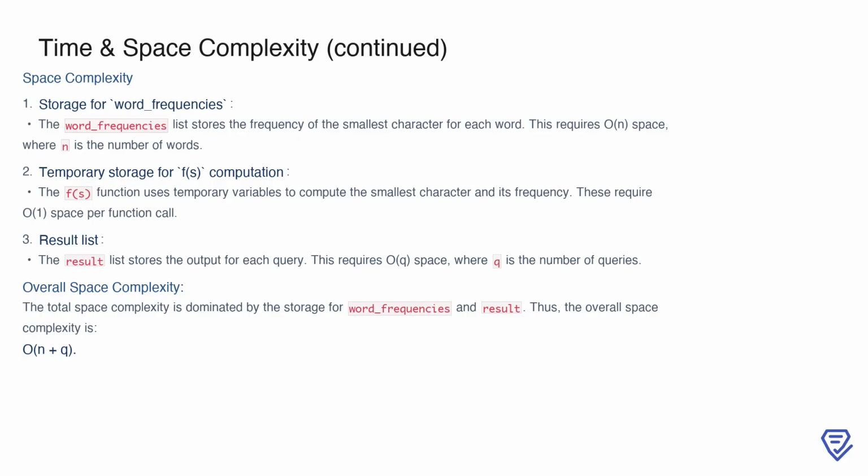This involves storing intermediate results like the smallest character and its frequency, which only require O(1) space per function call. Finally, we have the result list, which stores the output for each query. With q queries, this list takes O(q) space. When we combine these, the overall space complexity is dominated by the storage for word_frequencies and result, resulting in O(n + q).